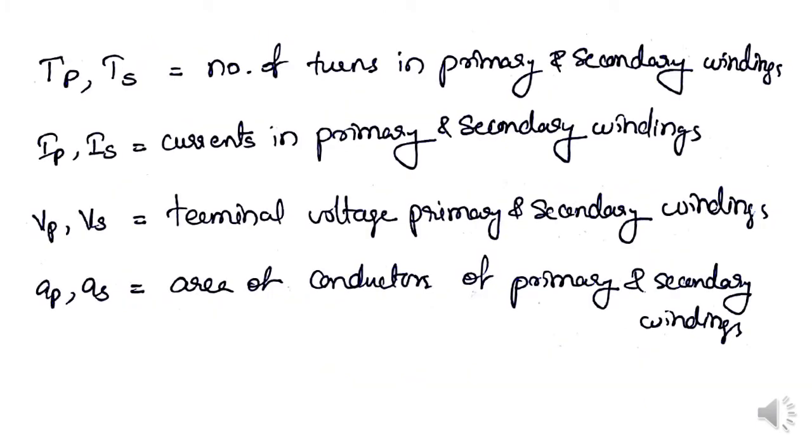And let TP and TS be the number of turns in primary and secondary windings. IP and IS be the currents in primary and secondary windings. VP and VS be the terminal voltage of primary and secondary windings. And AP and AS be the area of conductors of primary and secondary windings.